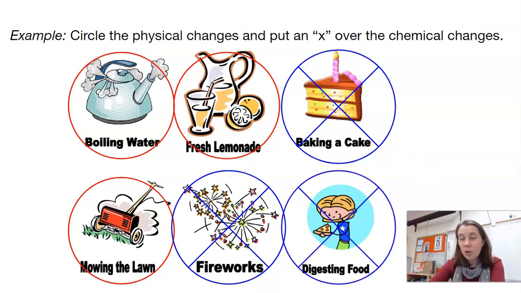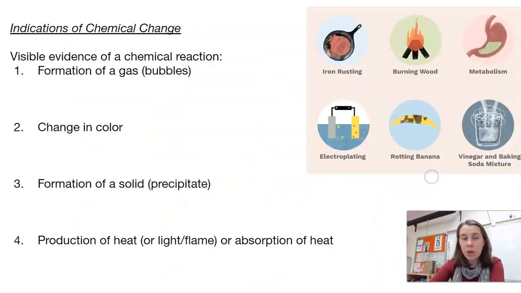All right, so now I'm going to give you a few indications to help you figure out whether a chemical change is happening or not. So there are 4 indications that you can see with your eyes that tell you if a chemical change is happening. The first is formation of a gas or bubbles. The second is a change in color.